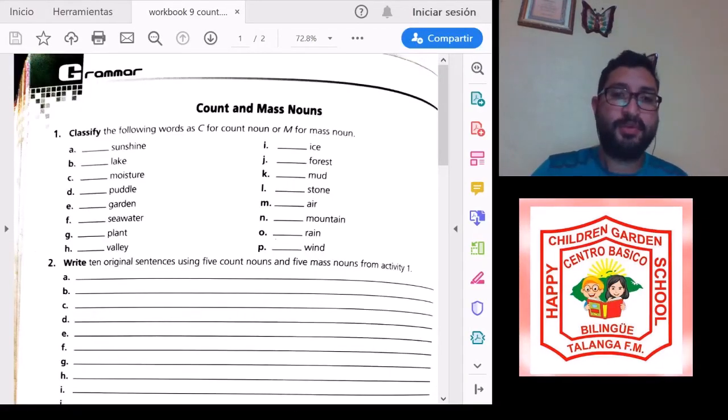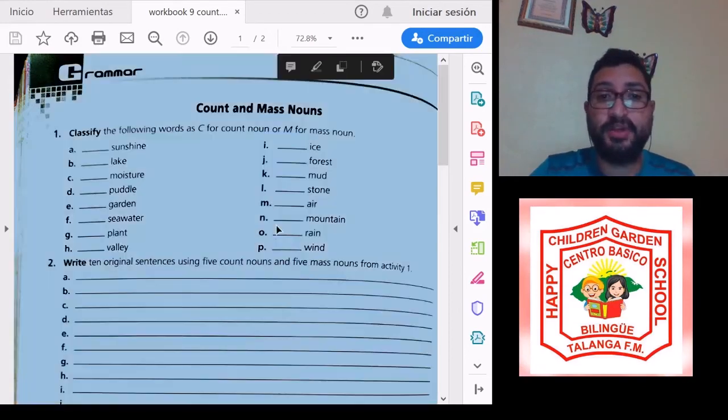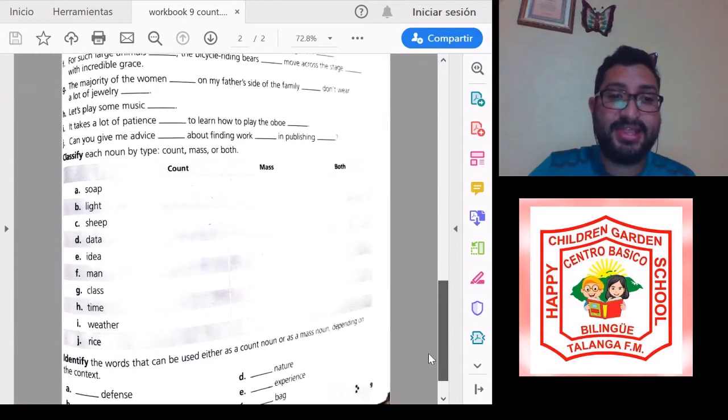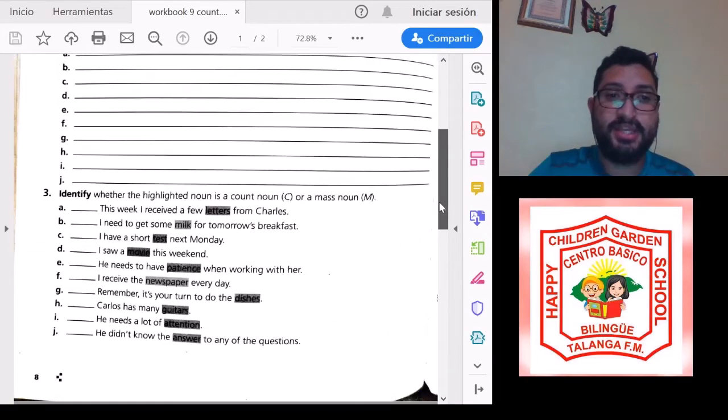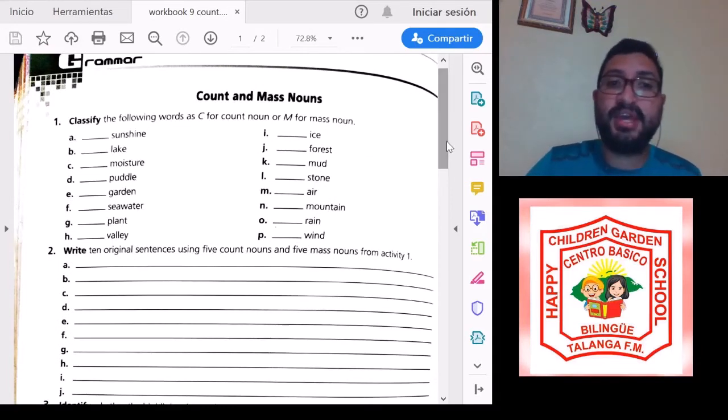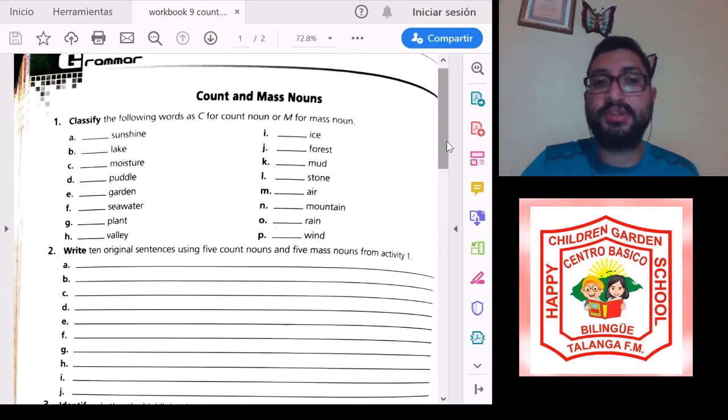Okay, guys, so we're back to see what work you're going to be doing at home and then uploading to our platform. In this case, you're going to be working with pages 8 and 9 of your workbook. So get pages 8 and 9 of your workbook, and we're going to be working with count and mass nouns.